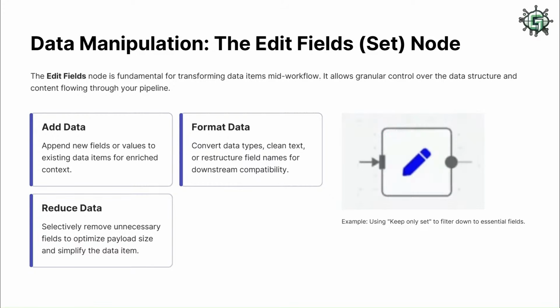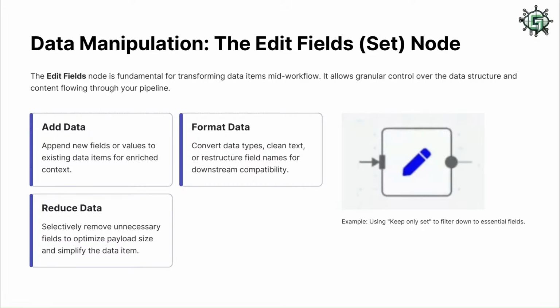So let's see in detail what types data manipulation contains. The Edit Fields node is fundamentally for transforming data items mid-workflow. It allows granular control over the data structure and content flowing through your pipeline. Add data means appending new fields.